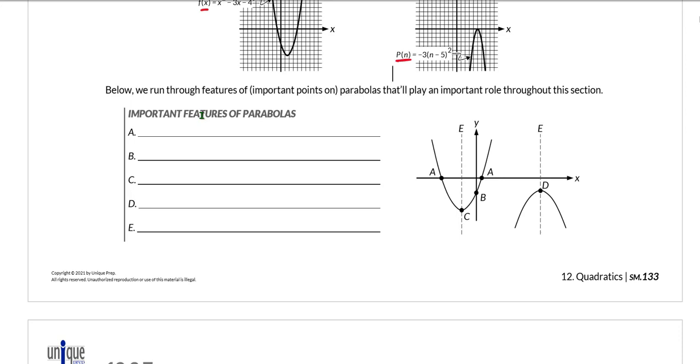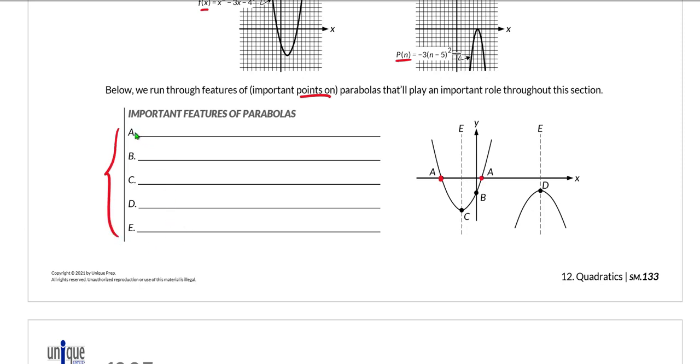Another important part of quadratic functions and their graphs, specifically parabolas, is knowing what the important features or important points on a parabola are. And we will run through those right now. Points A over here. So these two, you might even want to pause the video and run through these.